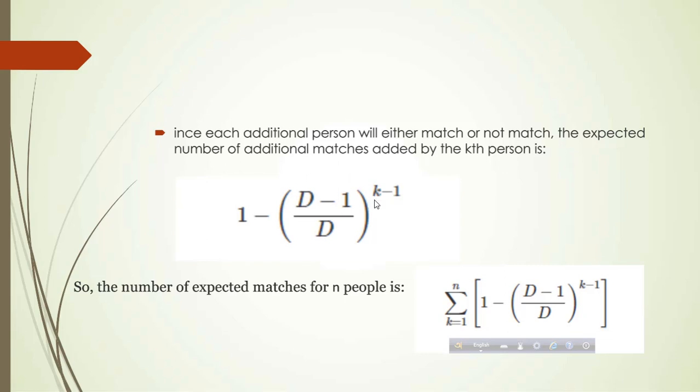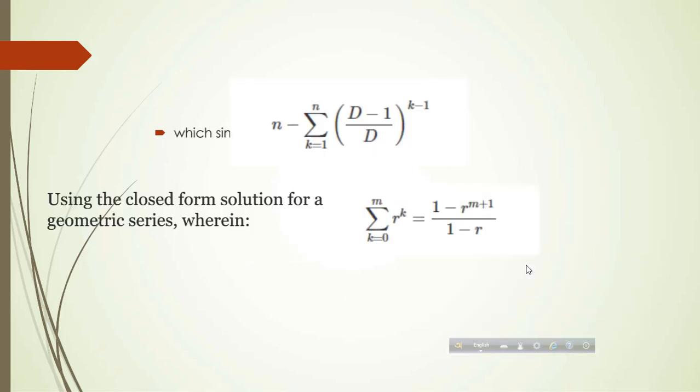So the number of expected matches for n people is the summation from k equals 1 to n of 1 minus ((d minus 1) over d) to the power k minus 1, which equals n minus the summation from k equals 1 to n of ((d minus 1) over d) to the power k minus 1, using the closed form solution for a geometric series.